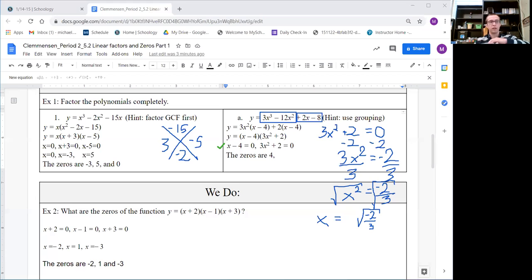Now we got to think all the way back to like 2 months ago. All right, well, I'll just put it on there since someone does have it. I got to add my plus or minus. So whenever I square root a square, both the positive and the negative squared will be the same thing.